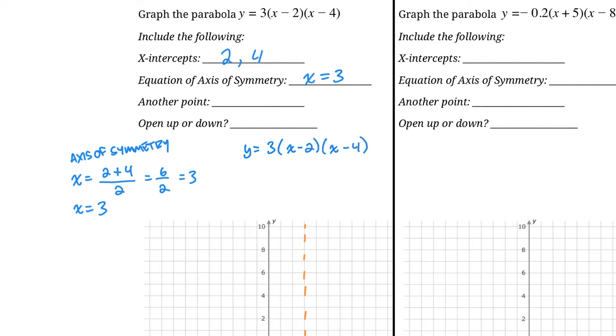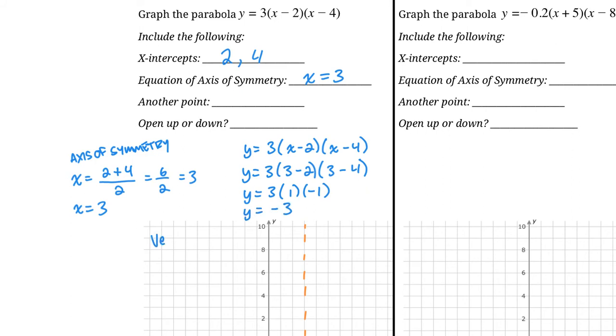We're just plugging in 3 into this whole equation. So this is just y is equal to 3 times 1 times negative 1. And that is just negative 3.